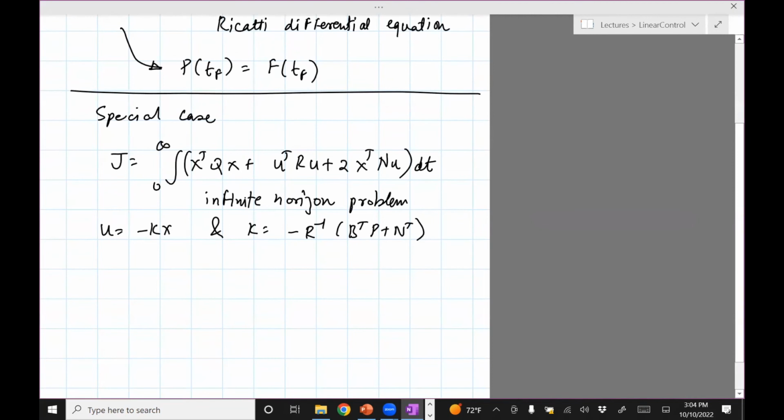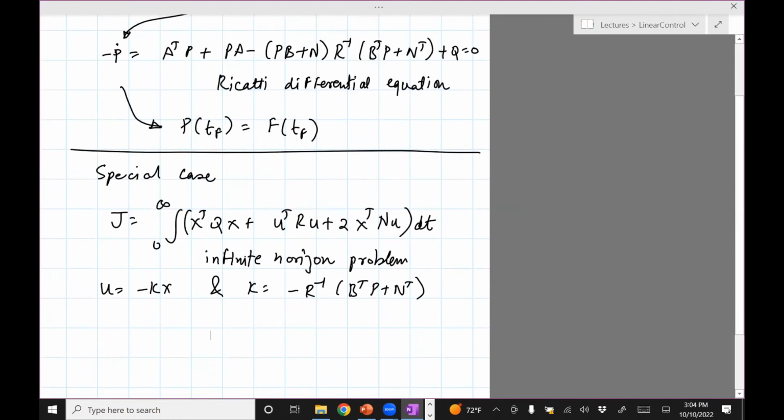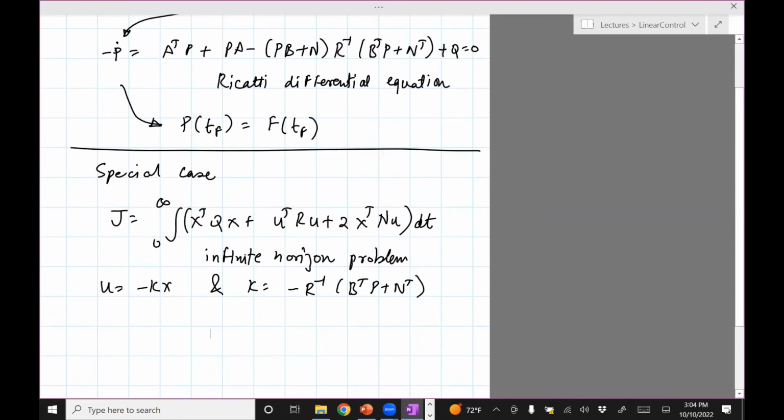So what's simpler is that instead of having a differential equation like I wrote down there, you have a steady state form of the differential equation. The steady state form is when things are steady, which means that the rate of change is 0. So P dot is 0.